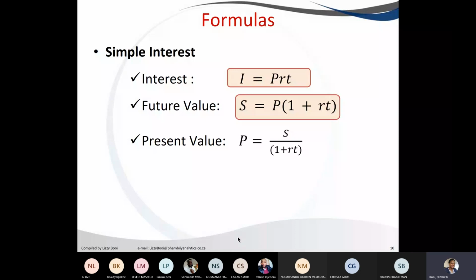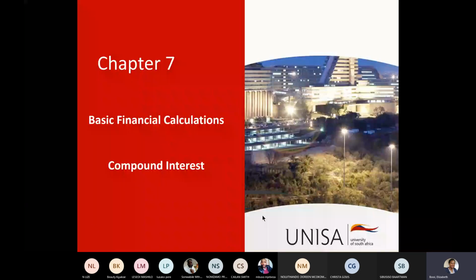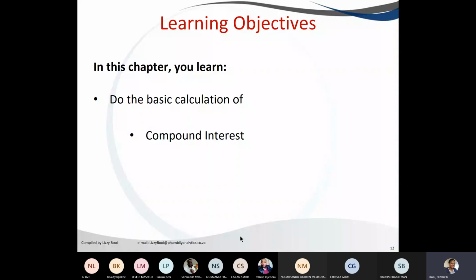And with that, we move on to compound interest. We're also going to learn how to do the basic calculations for compound interest. For some of you, you might be doing your higher certificate this year, and then next year you're doing your BCom, relating to another stream.